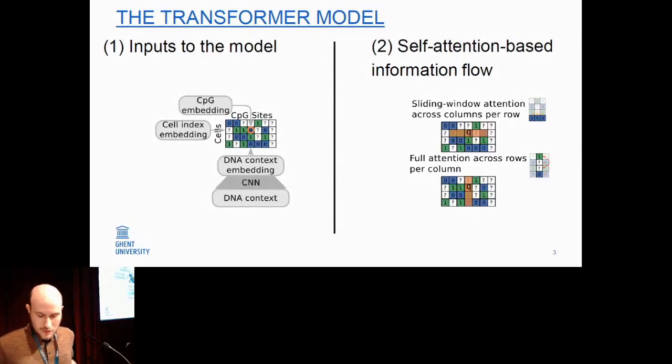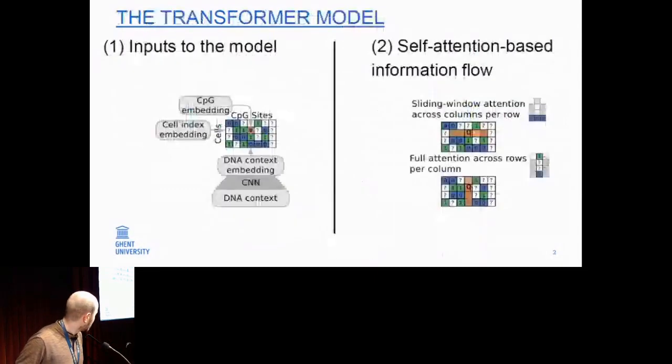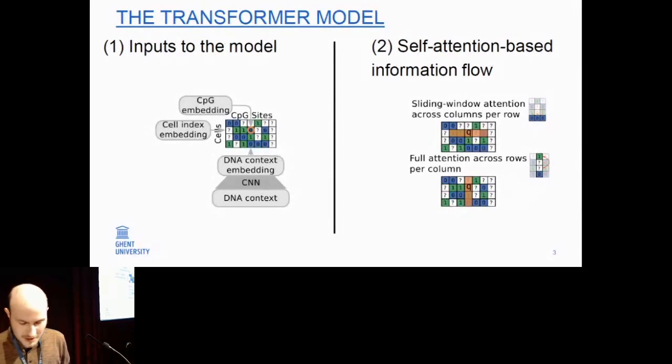So that brings us to how do we then use these inputs to model these biological assumptions that I just mentioned. So for that reason, we use self-attention-based information flow. So it's a transformer. And I might hear you thinking that a transformer is for 1D inputs, for sequences, language, or proteins, or DNA, whatever.